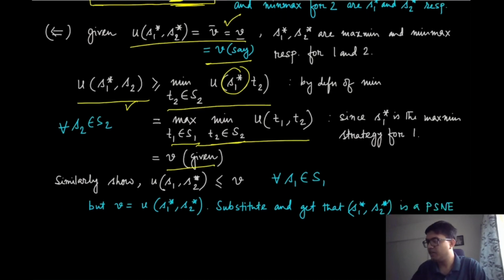Now similarly we can use the same thing. So we can use the same argument of U of S1 comma S2 star and we can use the argument of max.